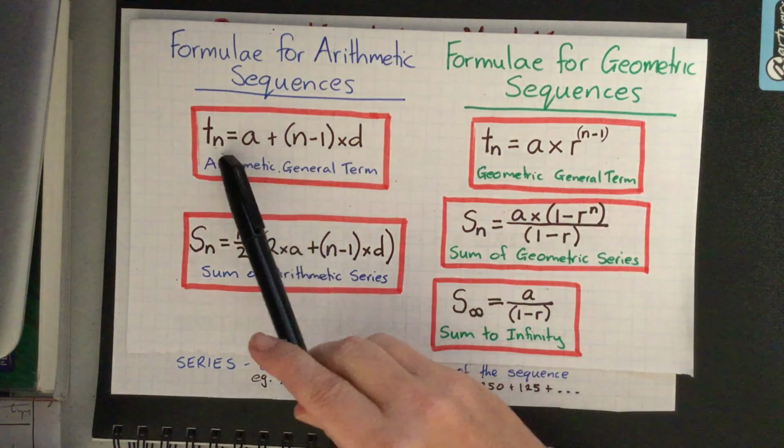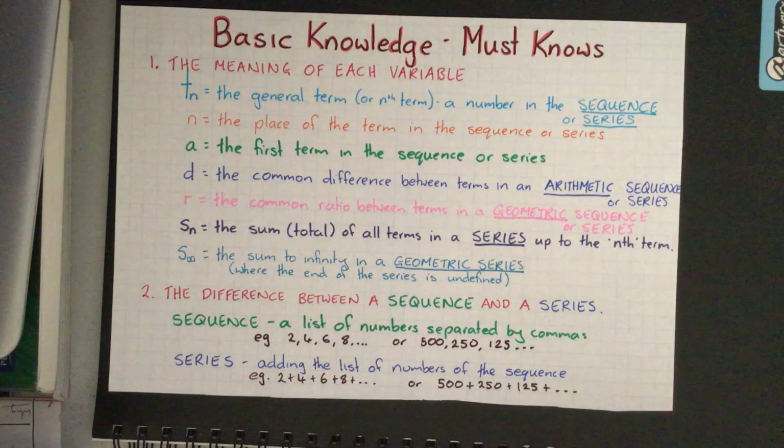Our last one is the sum to infinity, and that's when we don't know what the end of that series is. If that particular series was to go on and on forever, what would be the maximum or minimum outcome based on that?